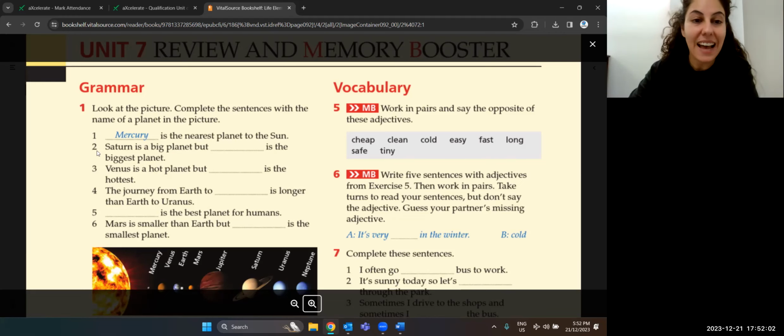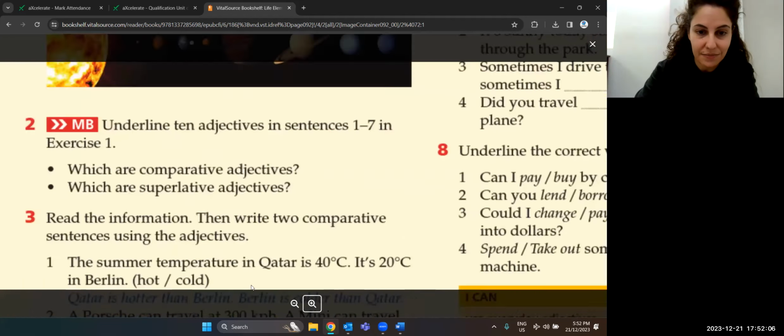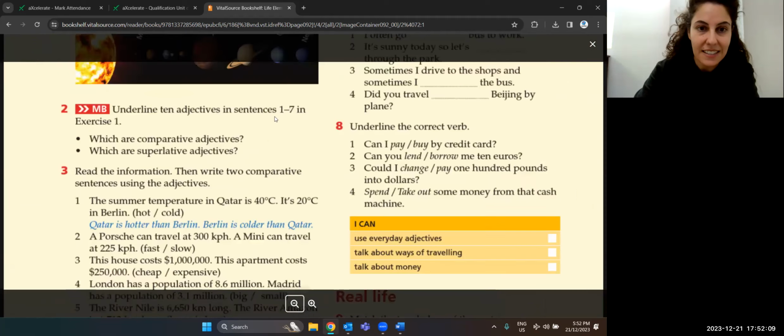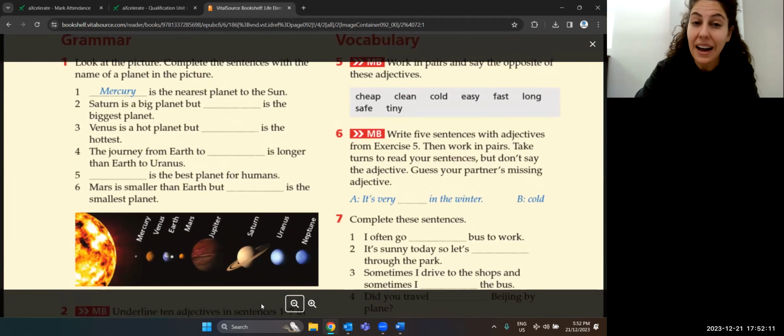So number 2, Saturn is a big planet. I can see it's a big planet. But now Jupiter, yes, Jupiter is the biggest planet. Now, it's saying compared to all of them. It's the biggest compared to all of them.